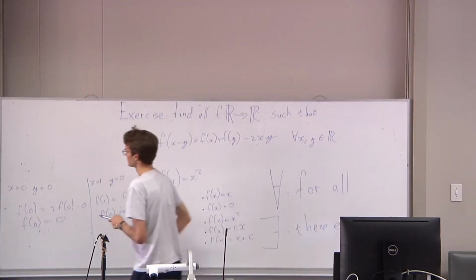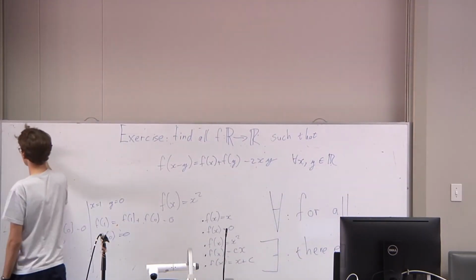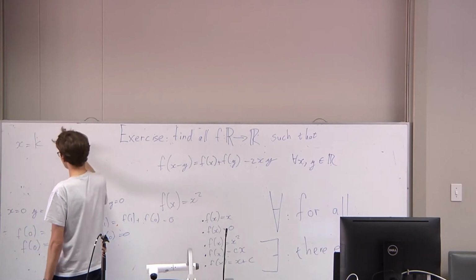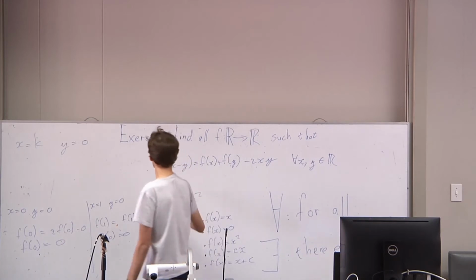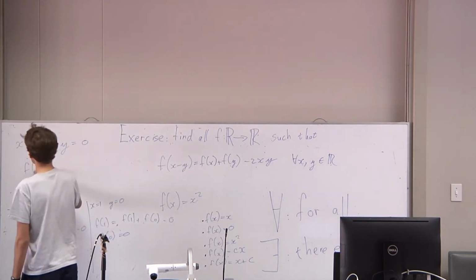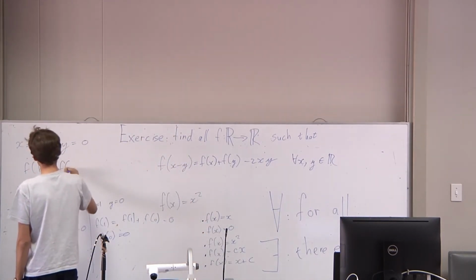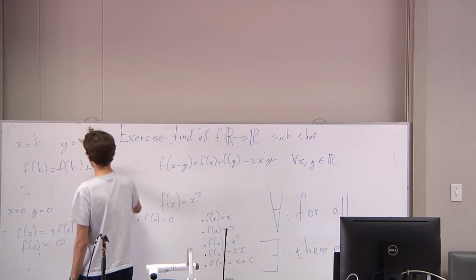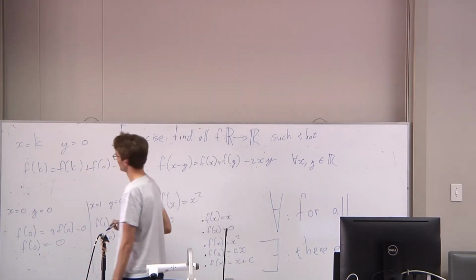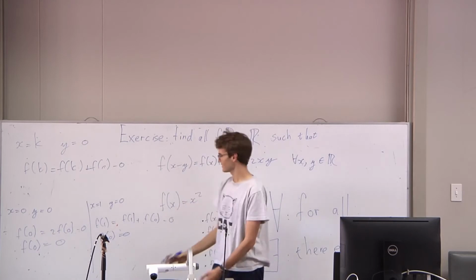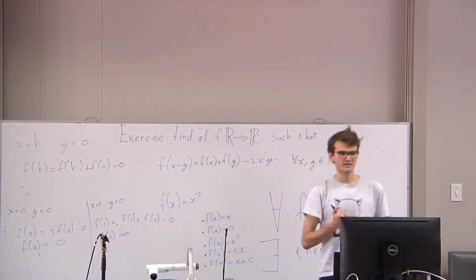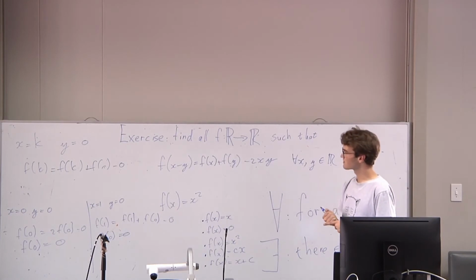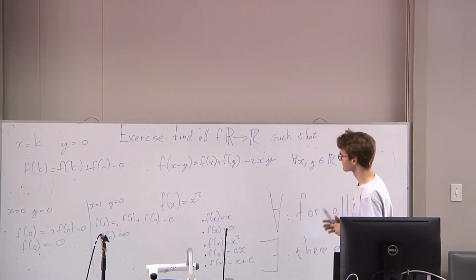So if you consider x being some k and y being fixed to 0, then you get f of k equals f of k plus f of 0 minus 0, which is not useful in this case because it just gives us f of 0 is equal to 0 once again. So that wasn't useful.